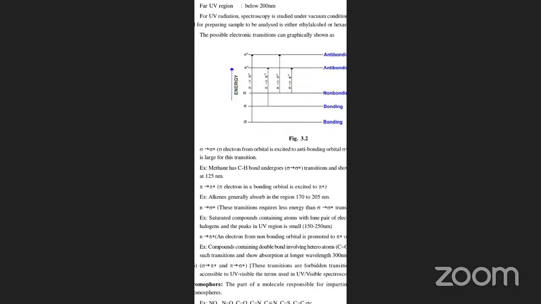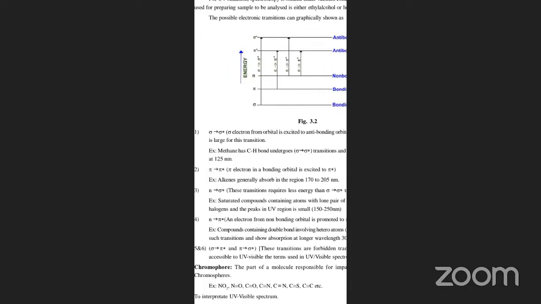Sigma to sigma star is nothing but a sigma electron from the orbital being excited to the antibonding orbital sigma star. The energy required is large for this transition. Methane, which has a C-H bond, undergoes sigma to sigma star transition and shows an absorption maximum at 125 nanometer.